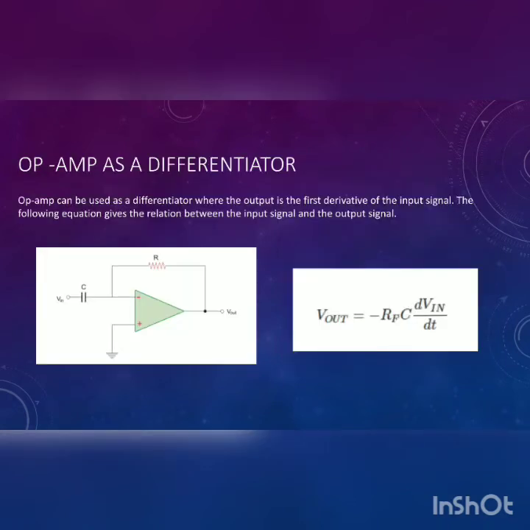This formula is achieved as I is nothing but V divided by R. In the integration process, 1 by R is taken out as a constant. Finally, we get the value of V0, which shows the integration operation at analog level.